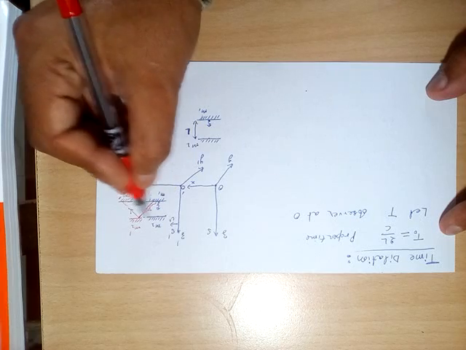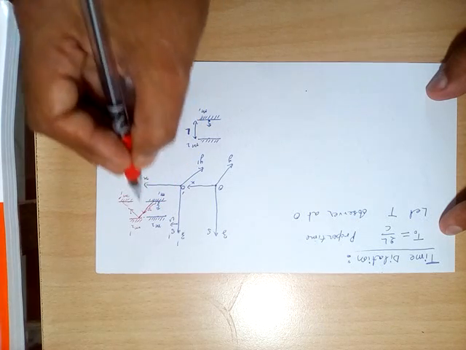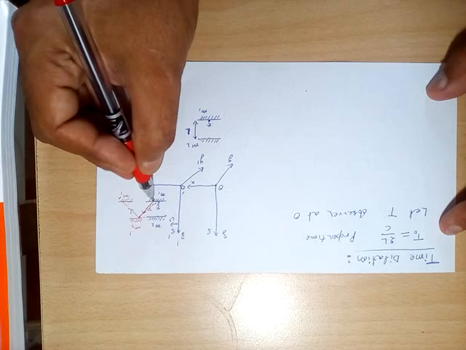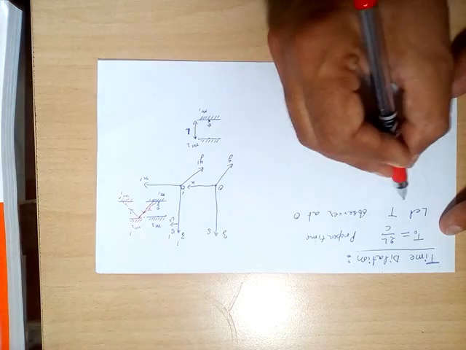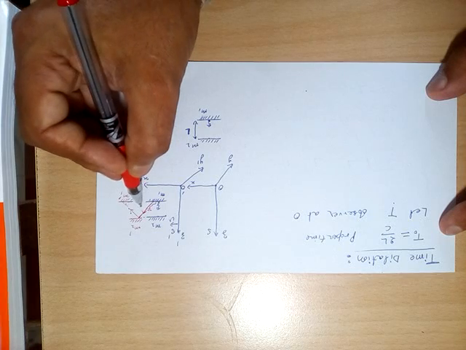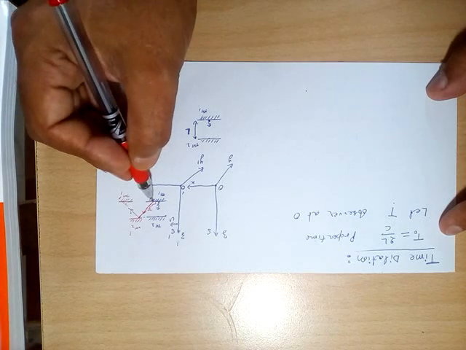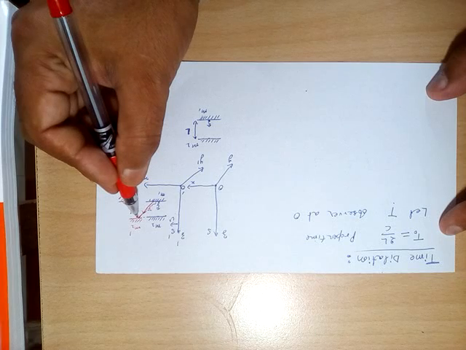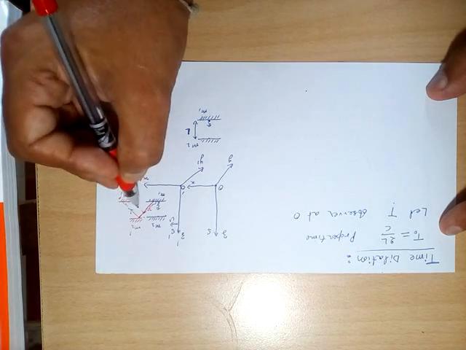As we know that this frame of reference is moving with velocity v in this direction, and the total time taken by this signal from here to here is T, we will say that the time taken from mirror M1 to mirror M2 is T by 2.